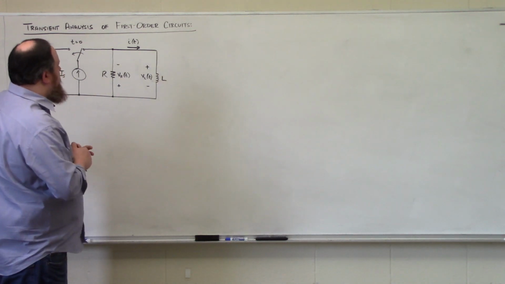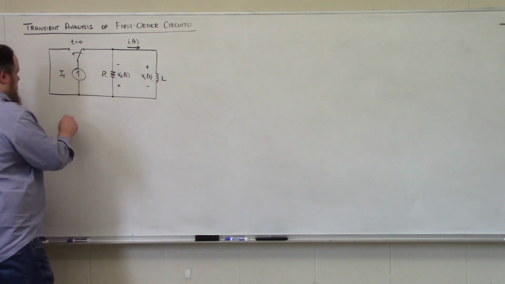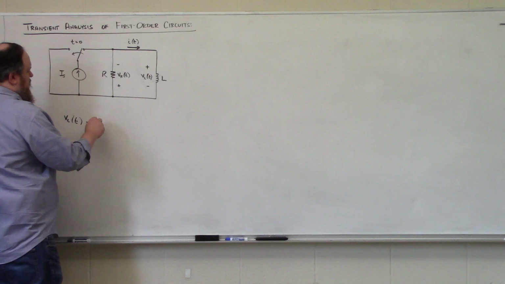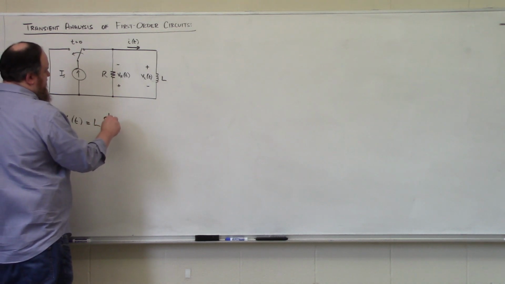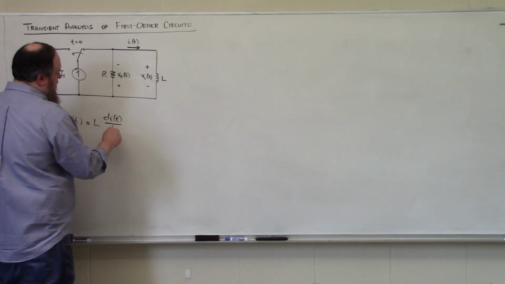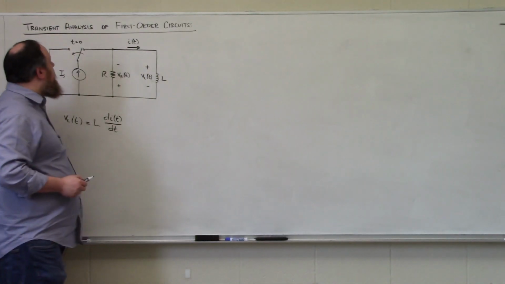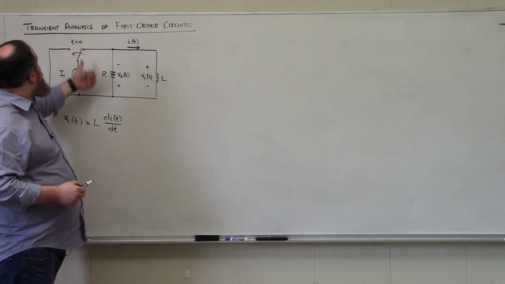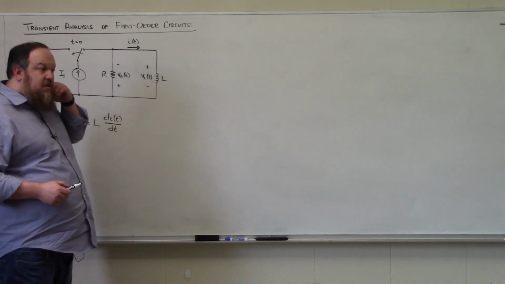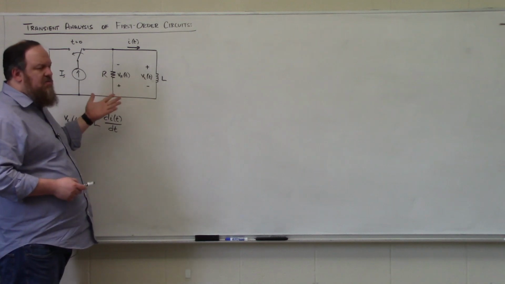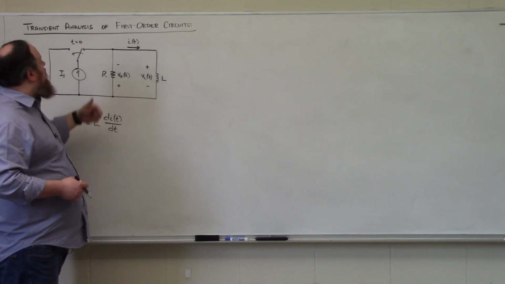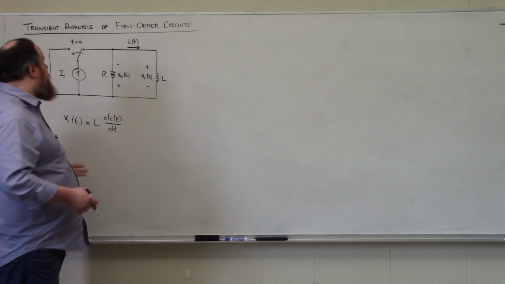Now the voltage drop over our inductor, VL of t, is equal to L times the derivative of our current, I of t, with respect to time. When this switch opens up, what we should observe is that, as with our previous example with a resistor, the current through the resistor should instantaneously drop to 0.